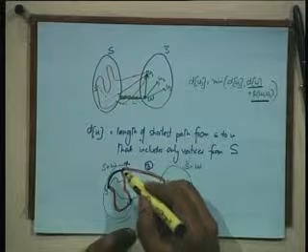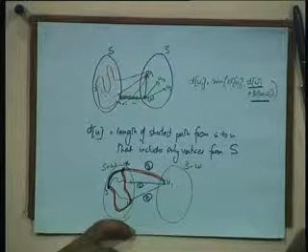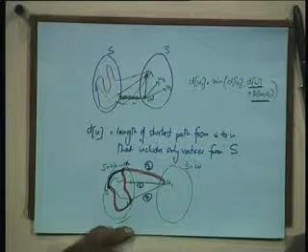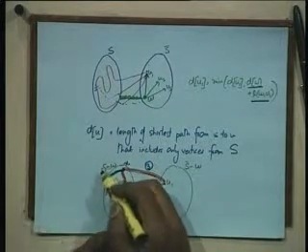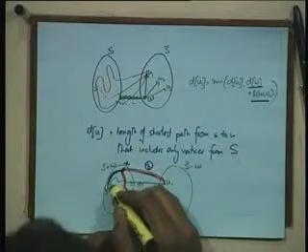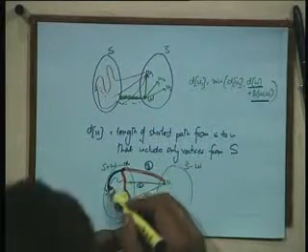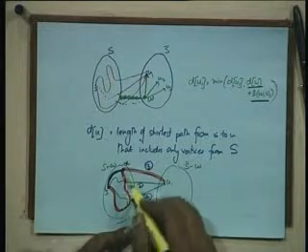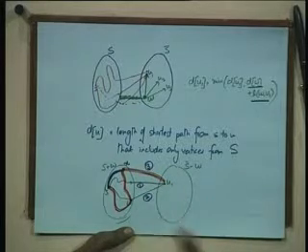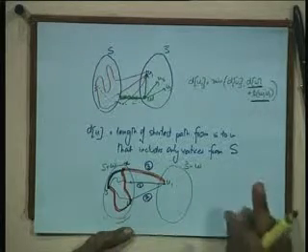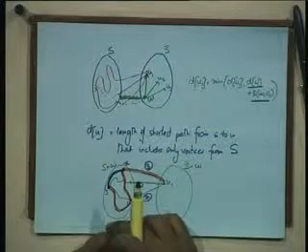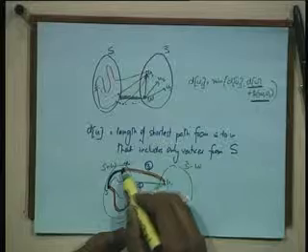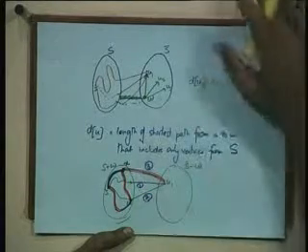X was already a part of S, which means we already had the shortest path from S to x. And the shortest path from S to x is using only vertices of capital S, not using W at all. So if the longer path, which goes from S to W, then from W to x, and then from x to u1, is the shortest path from S to u1 using vertices only of S plus W, then this path from S to x followed by x to u1 is also the shortest path.